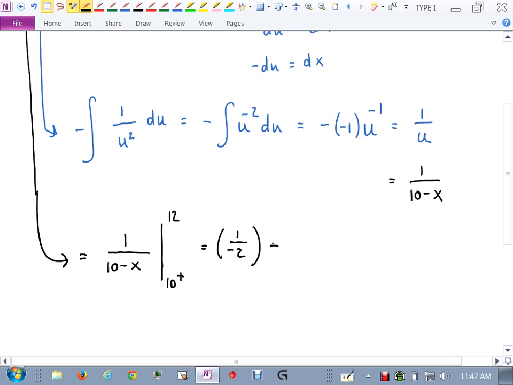But the bigger picture of things is that if I get 10 in here, just 10, I get 0 down here. 1 divided by 0 is headed where? Do I remember what happens if you have a limit and you get a fixed number on top and the bottom goes to 0, what happens?